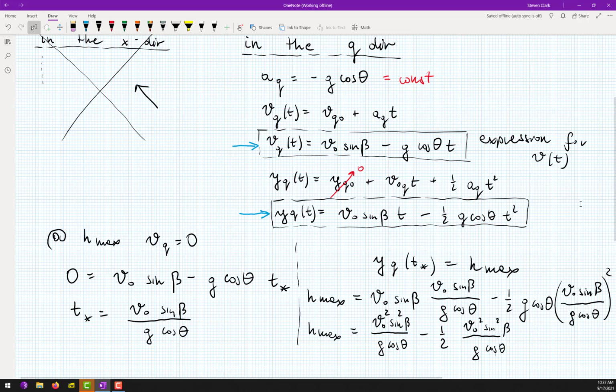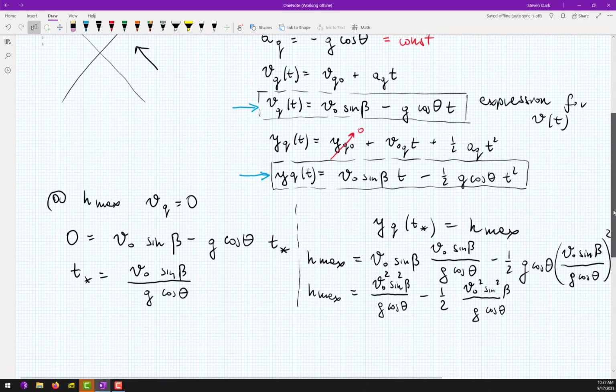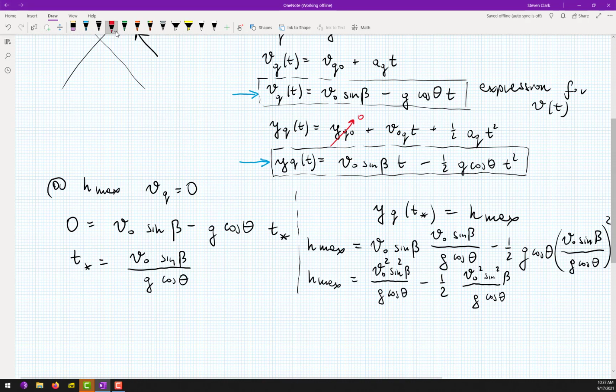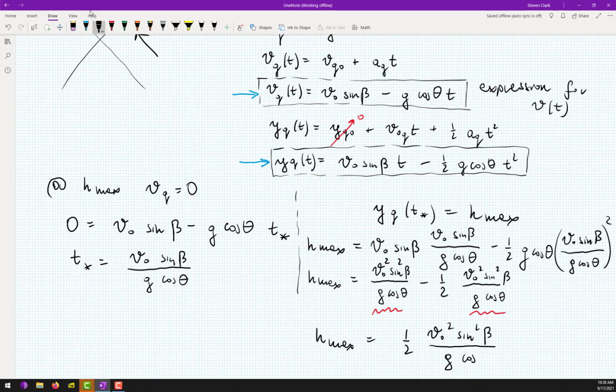I hope that you guys see that we have basically something minus half of exactly the same thing. So our h max is equal to 1/2 v0 squared sine squared beta over g cosine theta. This is the answer.